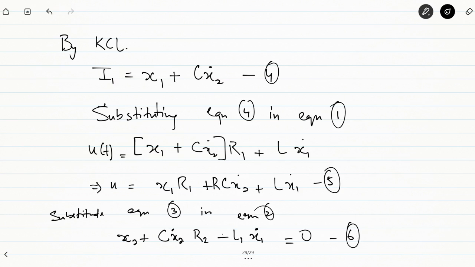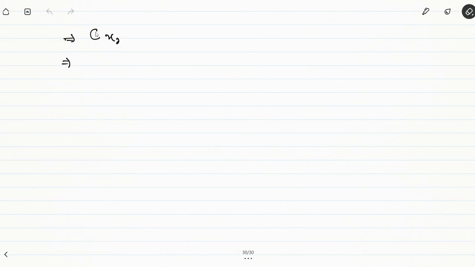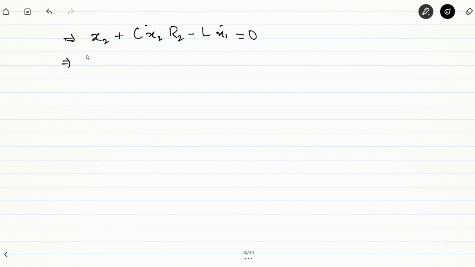So from equation number 6 what we can directly write is x2 plus C x2 dot R2 minus L x1 dot is equal to 0. ये आपकी equation number 6 है. तो इसमें से हम x2 dot निकालेंगे.